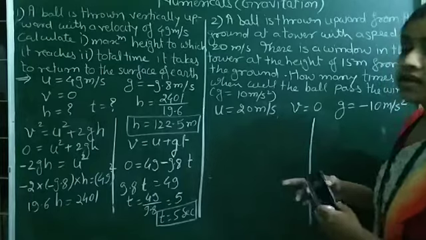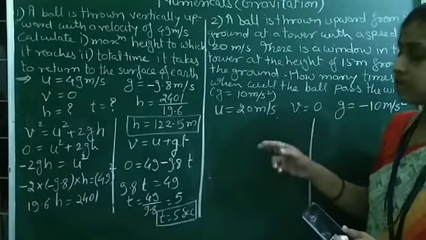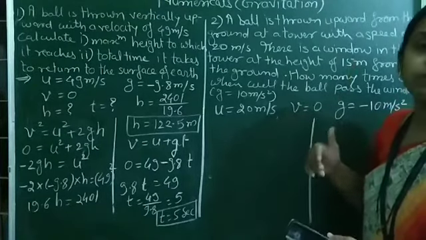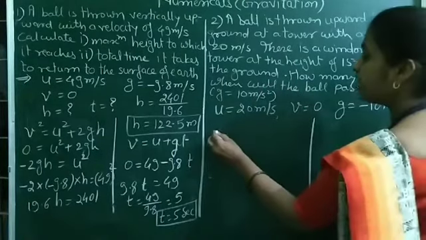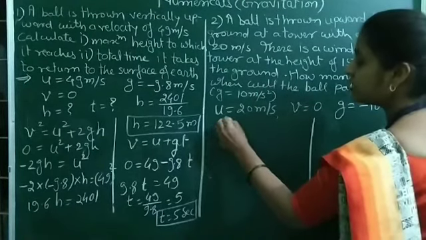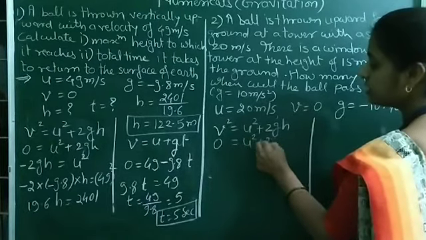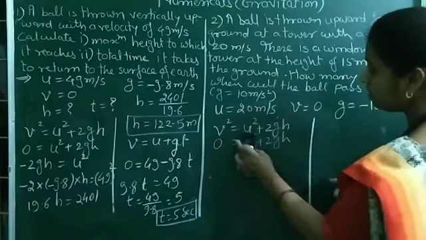There are three equations: v is equal to u plus gt, and s is equal to ut plus half gt square, but in both equations there is time and time is not given. Therefore here we use the third equation of motion, v square is equal to u square plus 2gh.